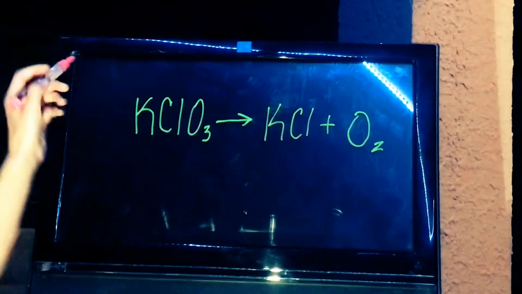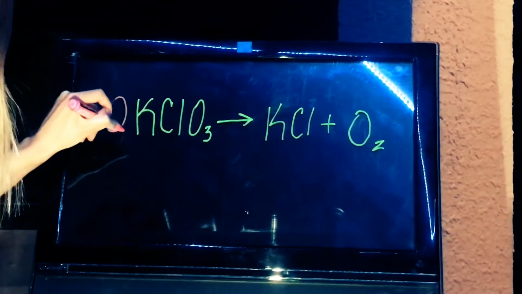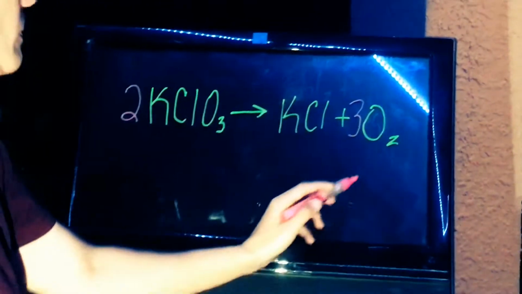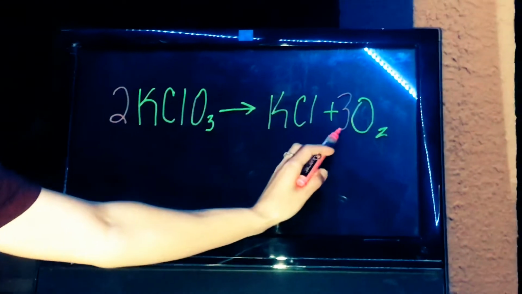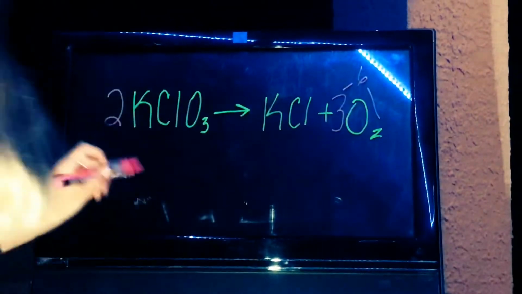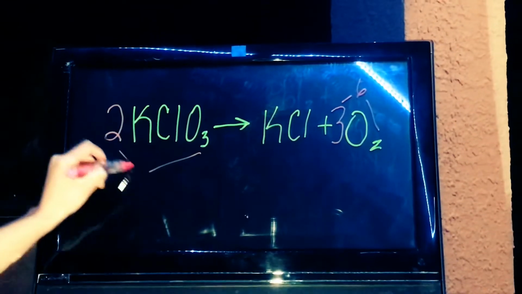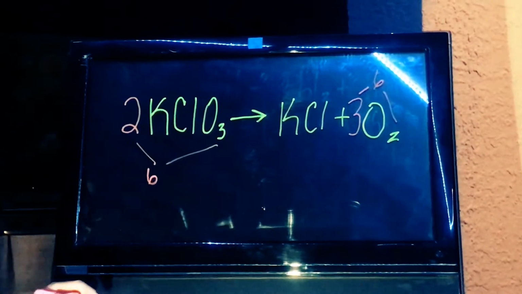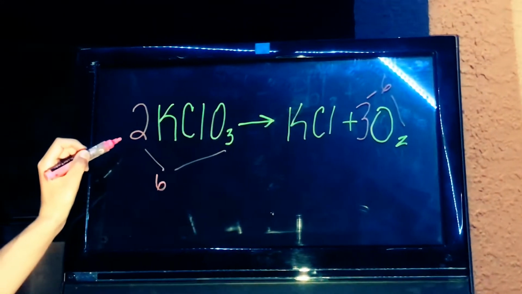So put it over here, and this 3, put it over here. And now let's see what happens. 3 times 2 is 6. 2 times 3 is 6. I solved my problem.